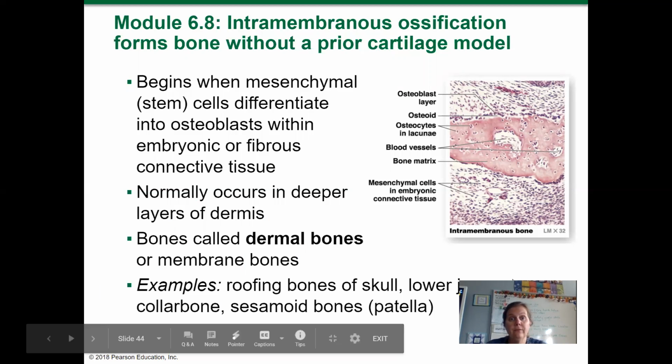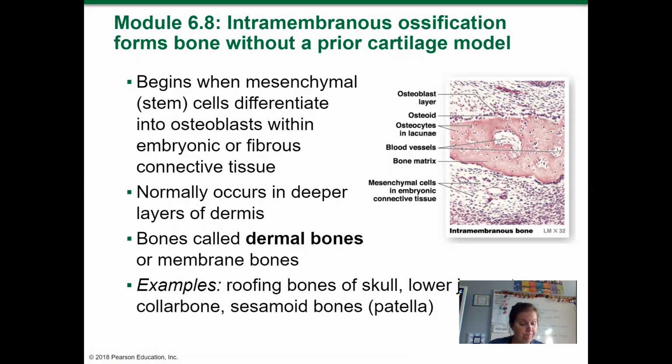Okay, the third type of growth is on page 224 and 225. This is intramembranous ossification, and this is describing kind of what happens when flat bones grow. This begins when you have these mesenchymal stem cells. They become osteoblasts.